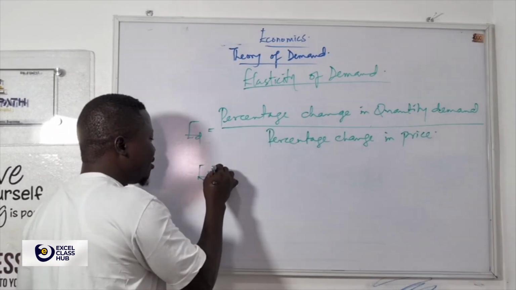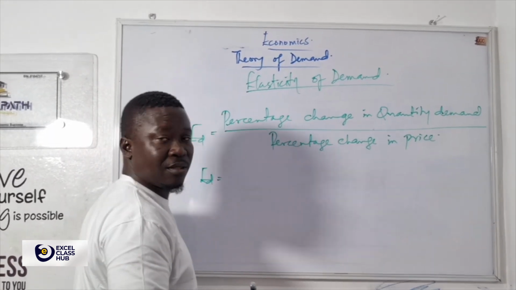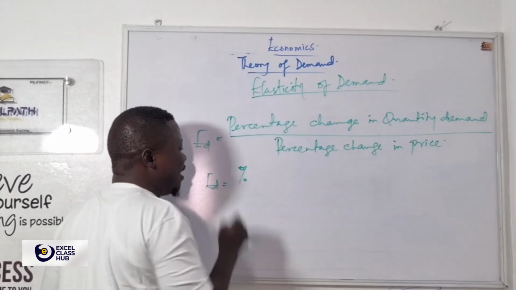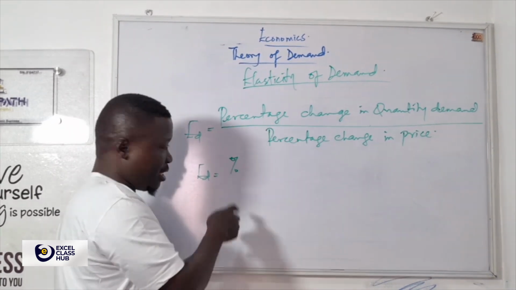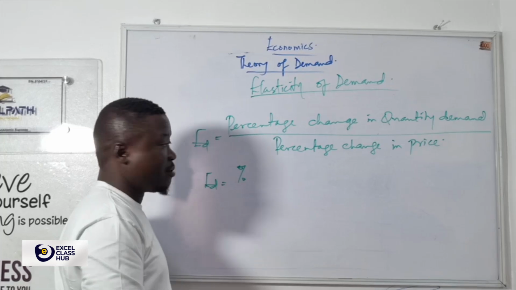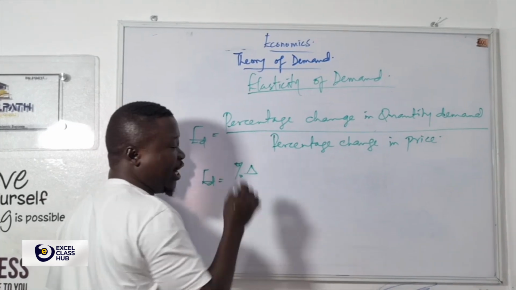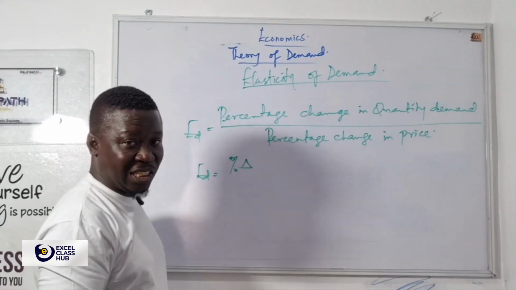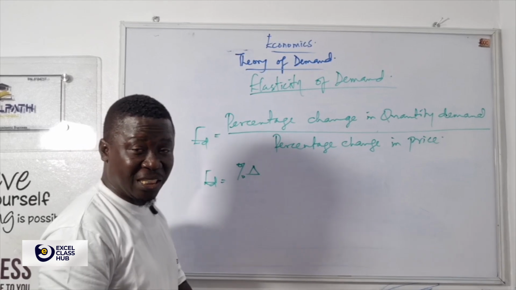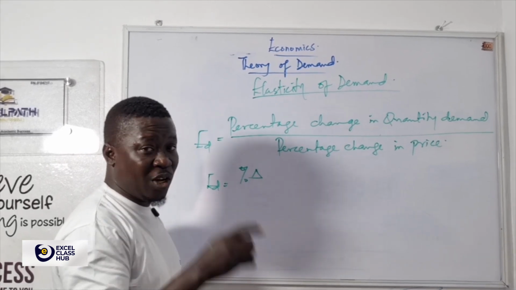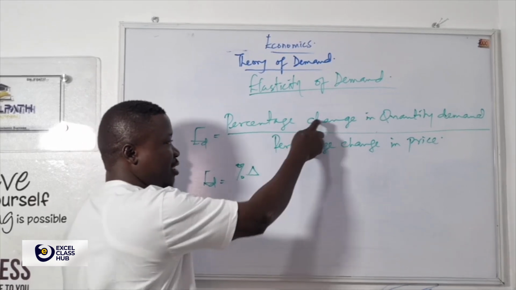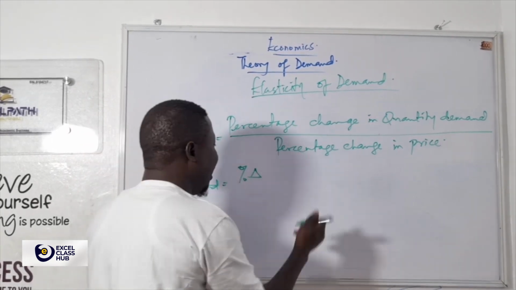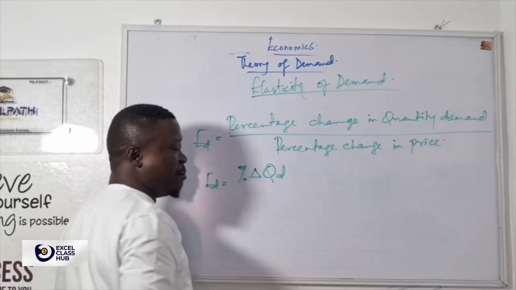Elasticity of demand is percentage change in quantity demanded over percentage change in price. Mathematics students, you understand what I'm saying? There's no way you understand economics without mathematics.